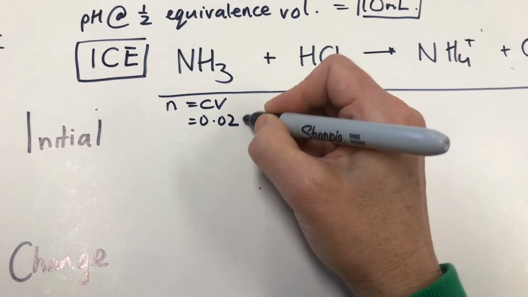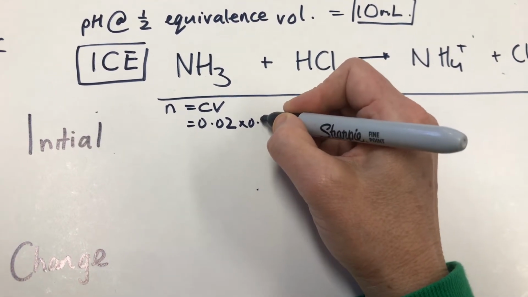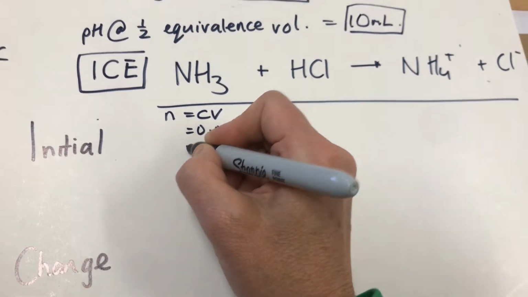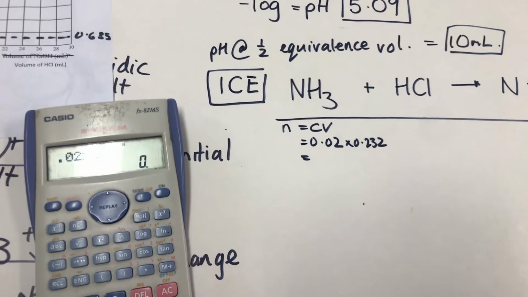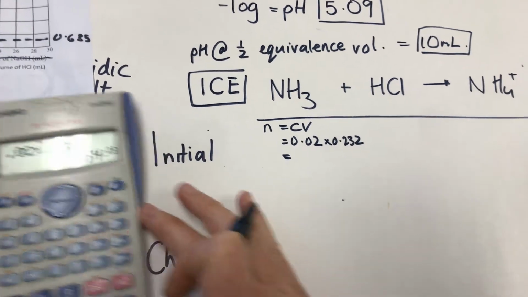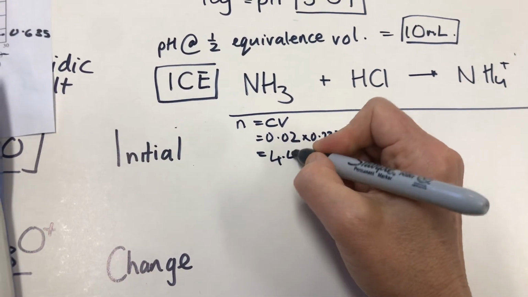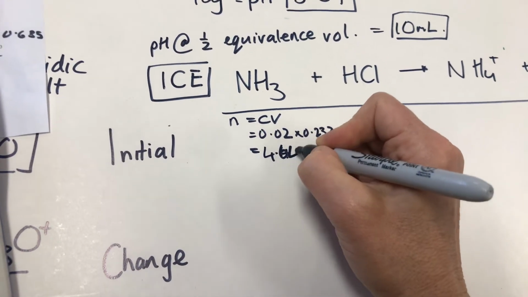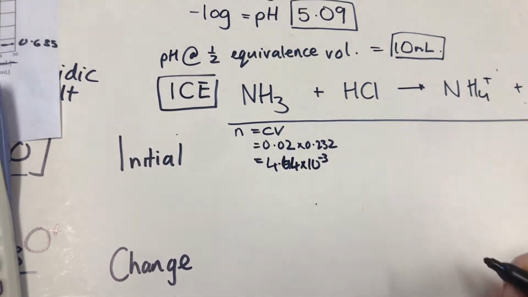0.02 litres times 0.232 and that is going to give me, I'm just going to bring my calculator over here, 4.64 times 10 to the minus 3.